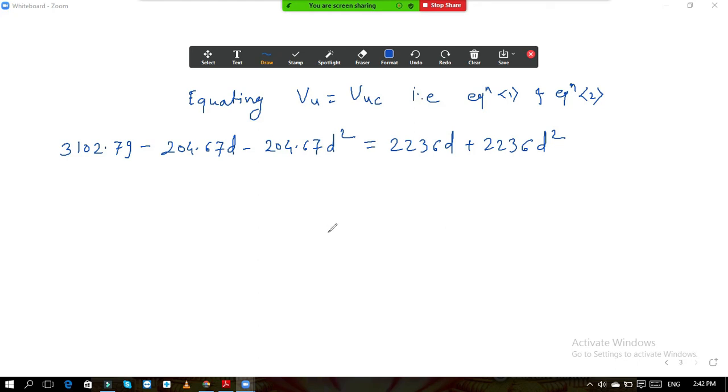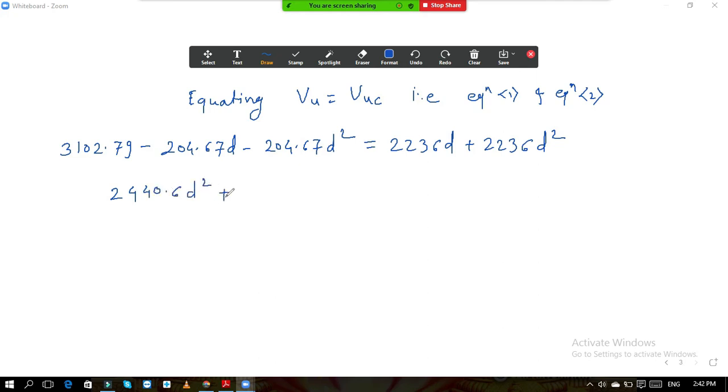So now take the terms which are d square together, and the d terms together. What will you get? So 2236 minus, now this minus will become plus if you send it to that side, so plus 204.67, so it will become 2440.6 d square.